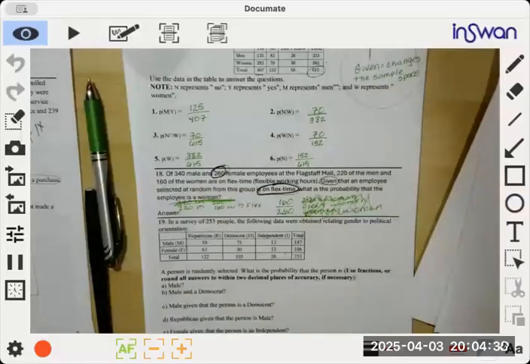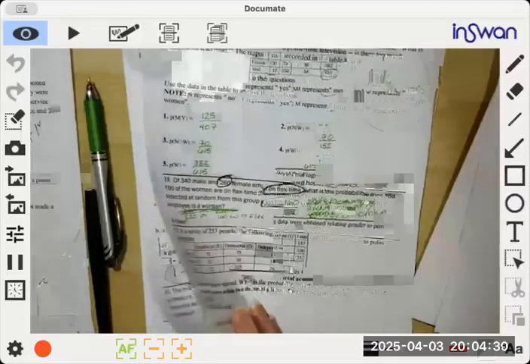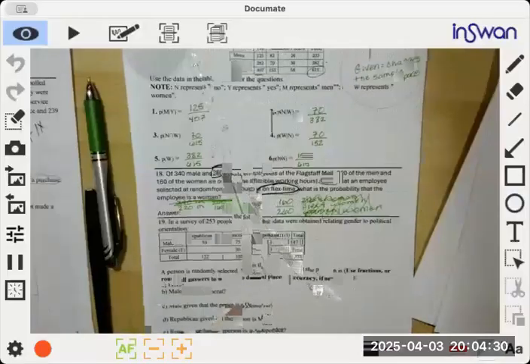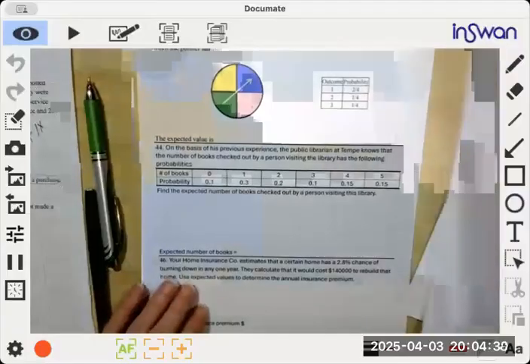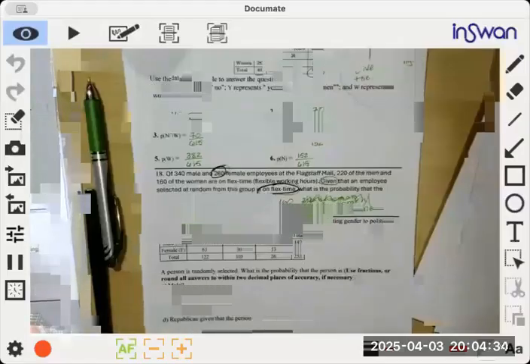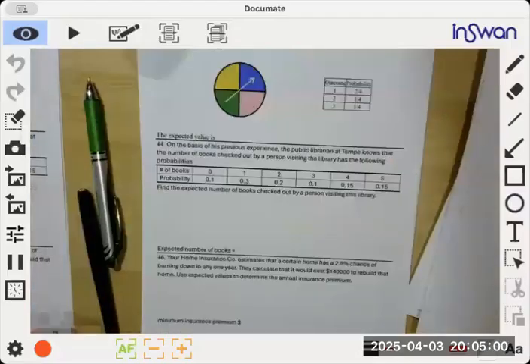What question next? Can we do 44? I had a question about the problem in general. I understand the method. What number was that? 44? Yes, 44. There's a few of these on this sheet.